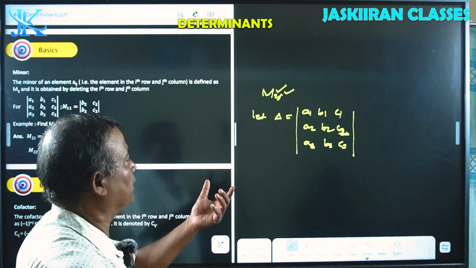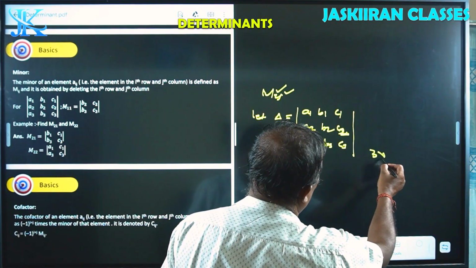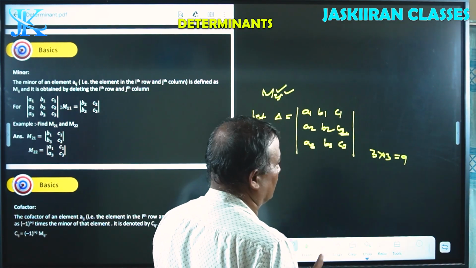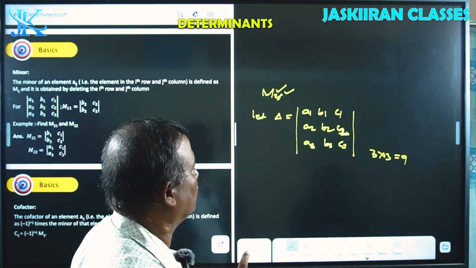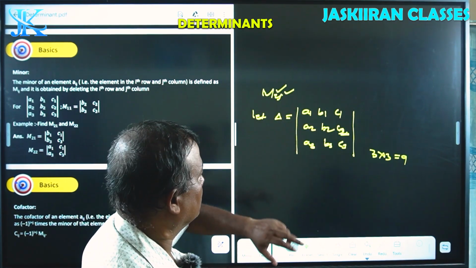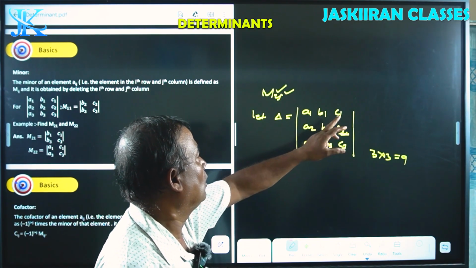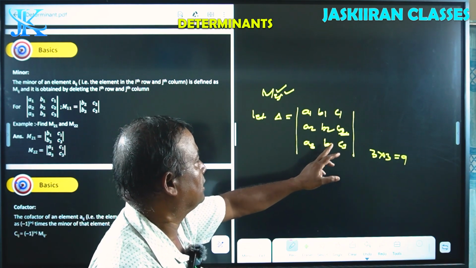The determinant is 3 cross 3, that means 9 elements. How to determine the 9 elements? We get minors for all 9 elements. That is the minor of A1, B1, C1, A2, B2, C2, A3, B3, C3.